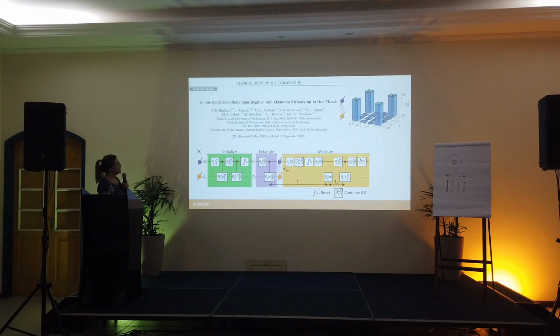But we're doing that based on measurements on the electron spin. So we measure the electron spin. We can apply a pi rotation, so we can measure either electron spin up or electron spin down. And conditional on the measurement of the electron spin, we continue.